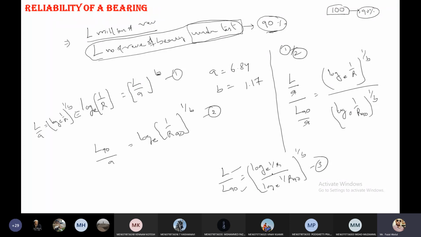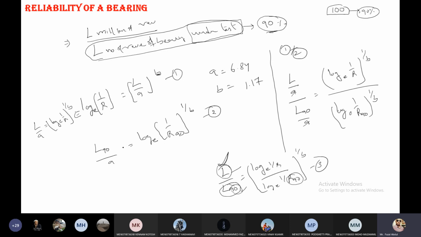So with this ratio we are going to calculate the other revolutions, how much. It means reliability is given in the question. The life for 90% will be given in the question, and the reliability for the problem is given in the question, and how much the total life of the bearing is, we are going to calculate with this equation.